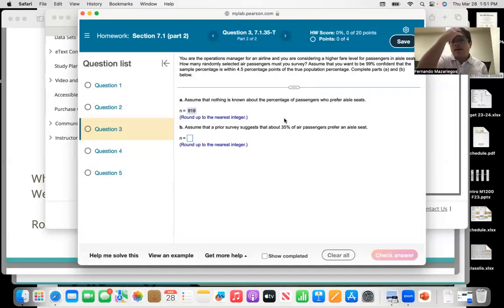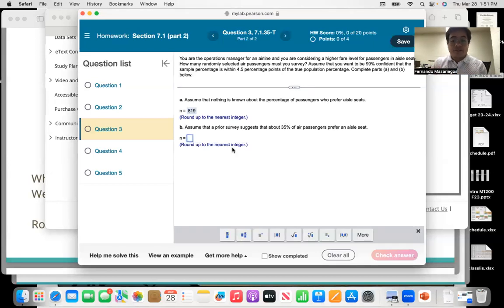Good job. Now for part B, assume that a prior survey suggests that about 35% of air passengers prefer an aisle seat. So this is the same formula. We want the z-score squared times p hat times q hat over the margin of error squared. But now we do have a value for p hat and q hat.